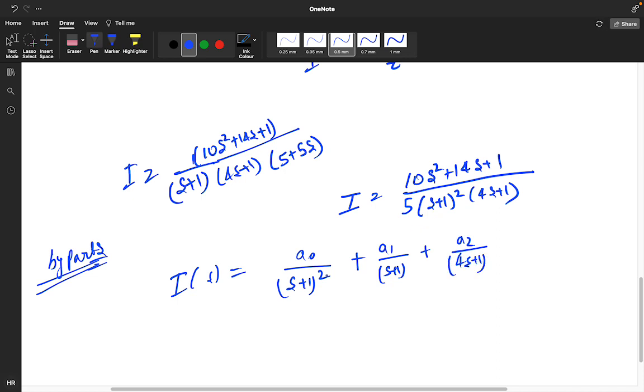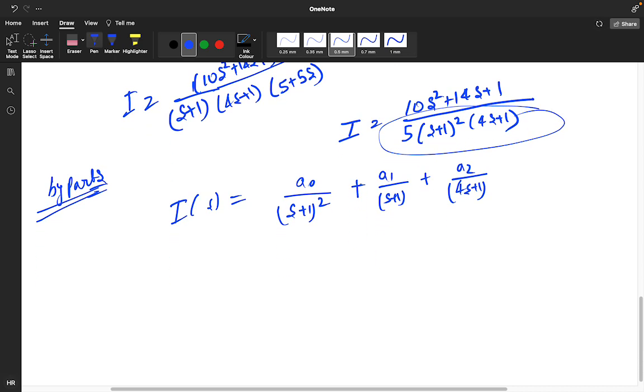If you take the LCM now, you will get the same thing in the denominator. Okay, and I am assuming these terms are constants, so you need to find the values of a naught, a1, a2.